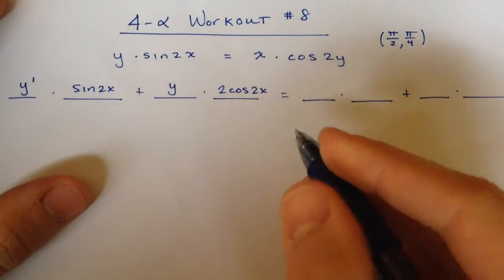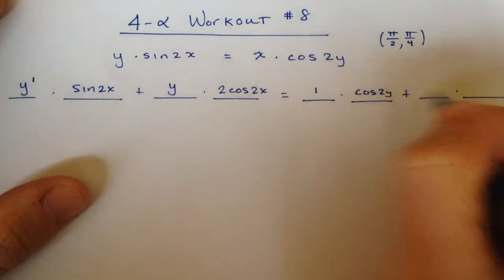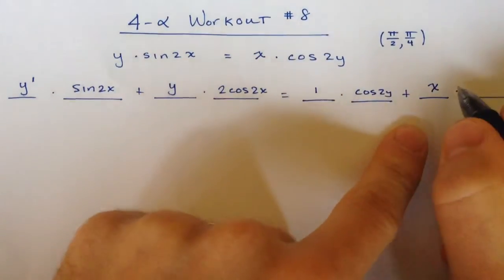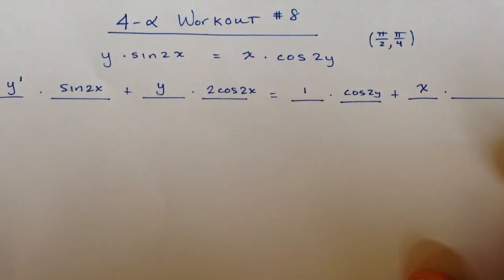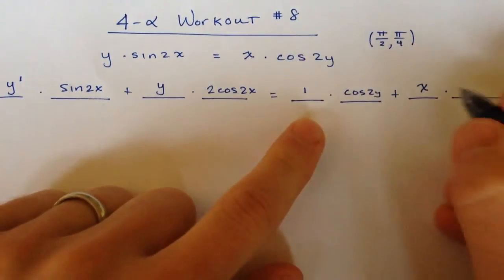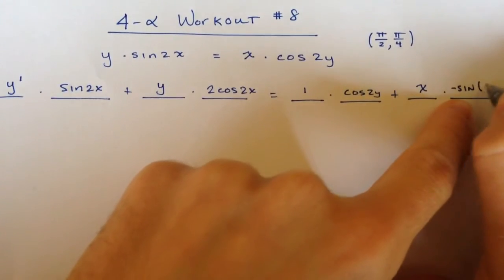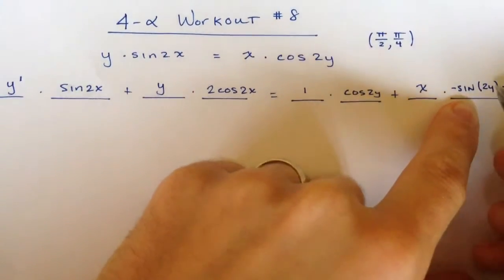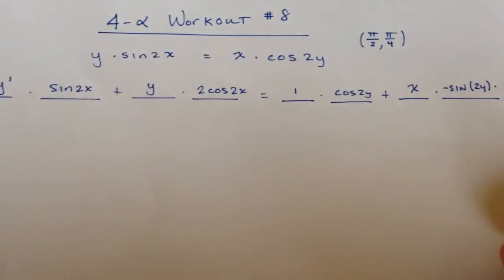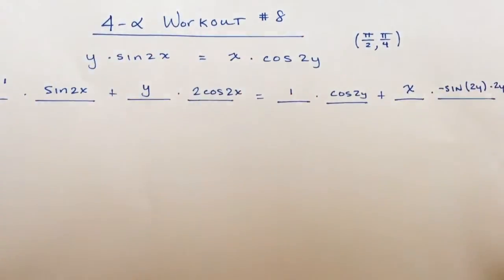On the other side of the equation, we're going to get 1 times the cosine of 2y plus x times, and I thought this is the trickiest part of taking the derivative, we need to take the derivative of this with respect to y, which is going to give us the negative sine of 2y, but then we need to multiply that by the derivative of the inner function, which in this case is going to be 2y prime.